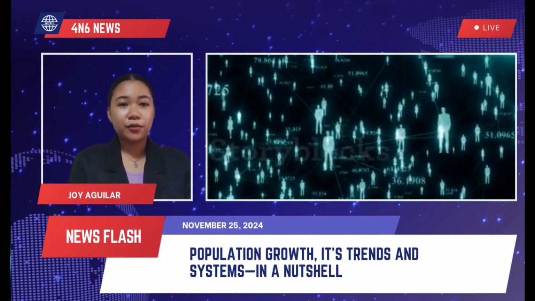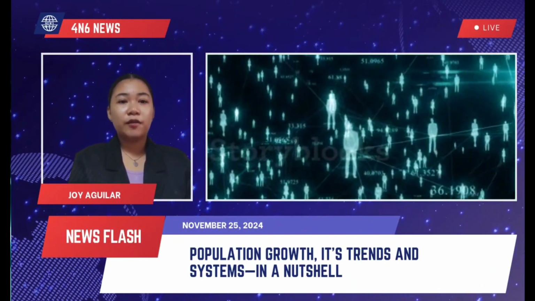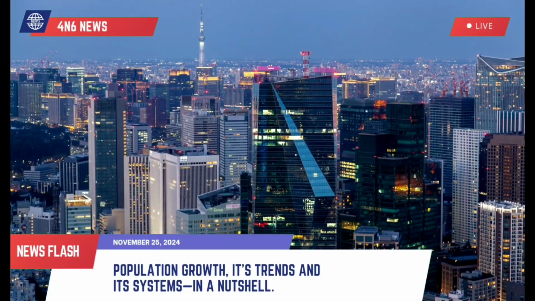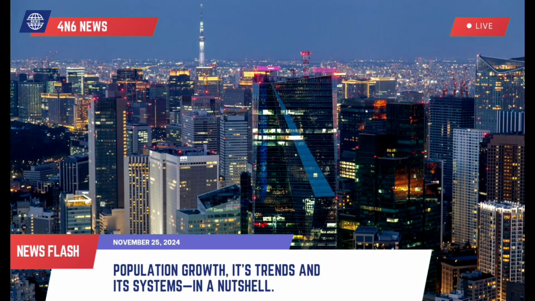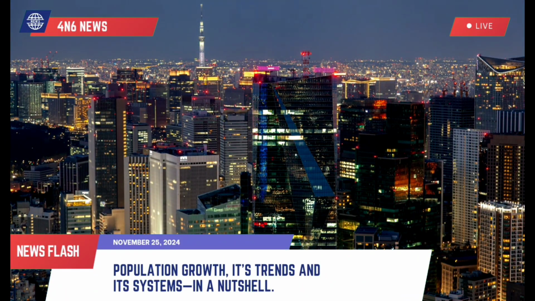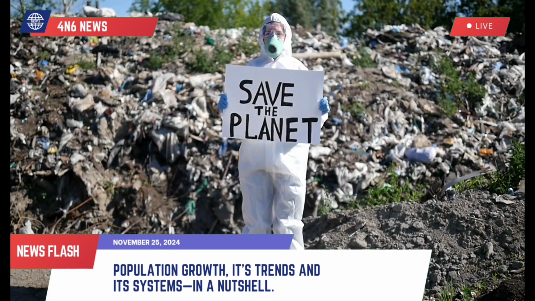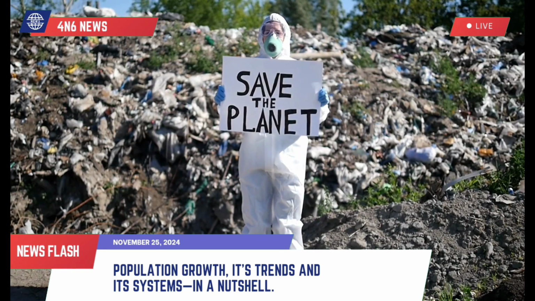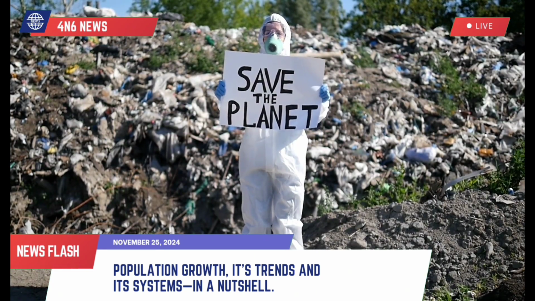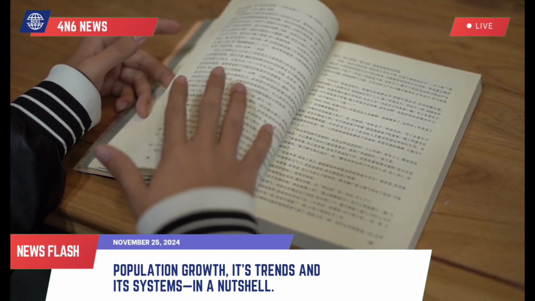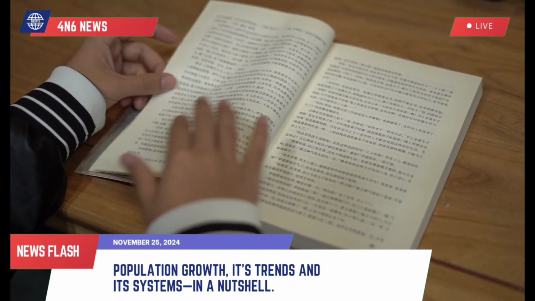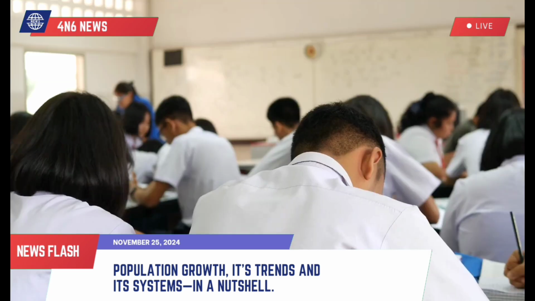Impacts of population growth. Economic: it can drive economic development but also strain resources and infrastructure. Environmental: increased demand for resources can lead to habitat destruction, pollution, and climate change. Social: rapid growth can impact education, healthcare, and social services.